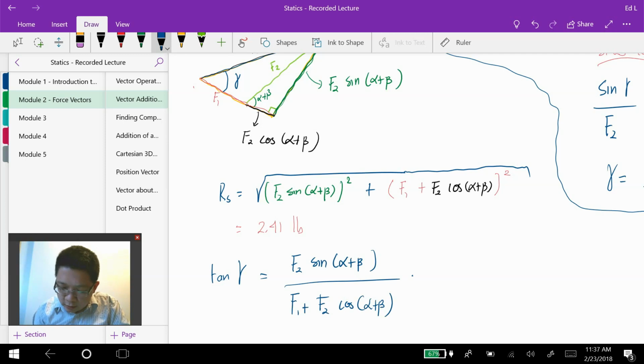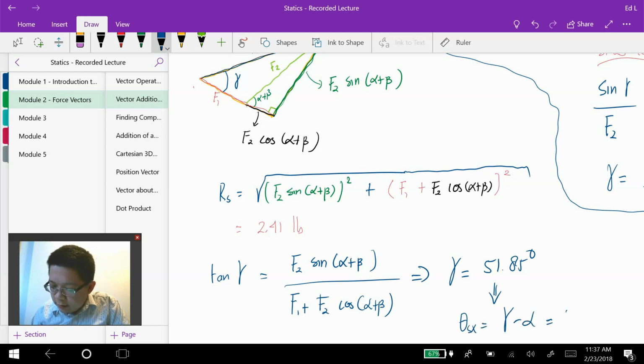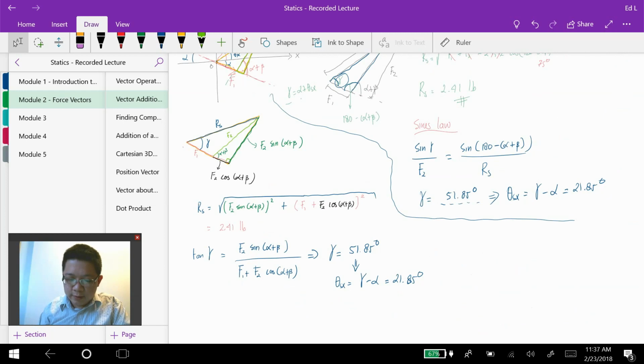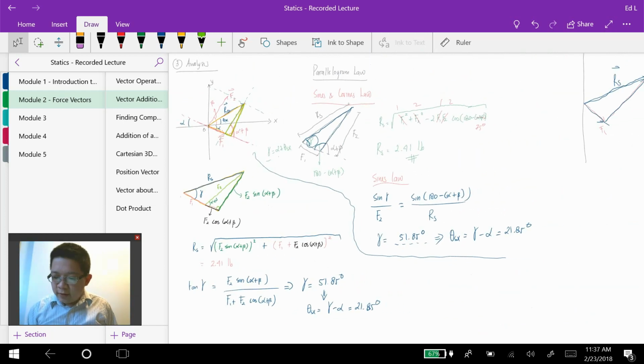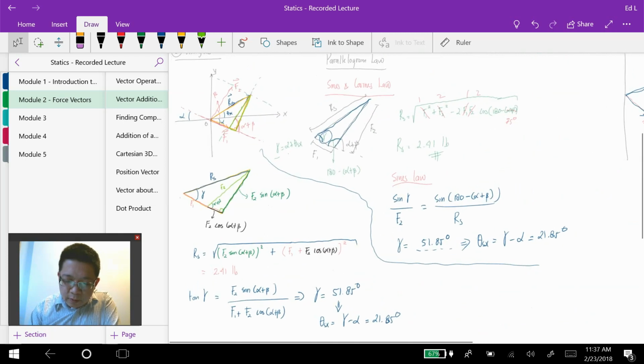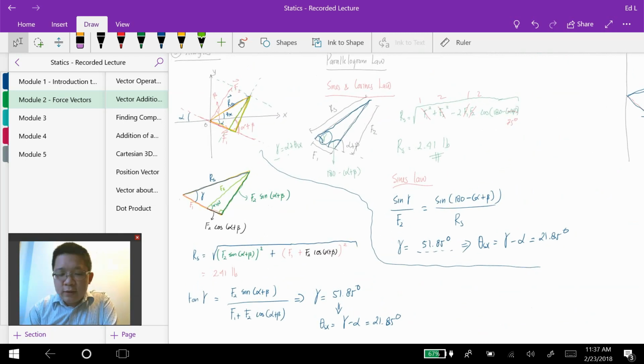Okay, using this you can obtain that gamma should be 51.85 degree, such that theta sx is gamma minus alpha, which is equal to 21.85 degree, right? So that's it, how you solve the vector summation and vector difference using the sine and cosine law, utilizing the parallelogram law method to construct the sketches.